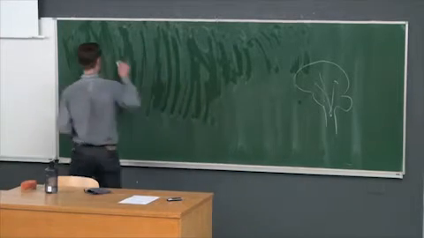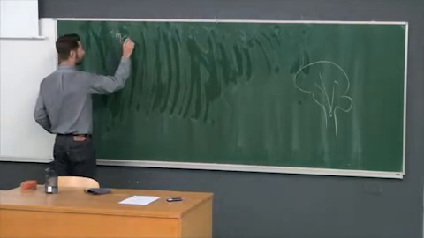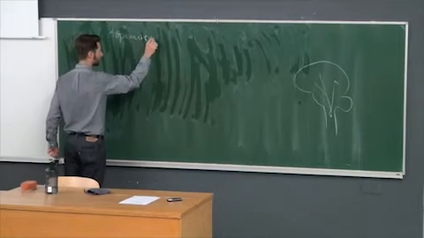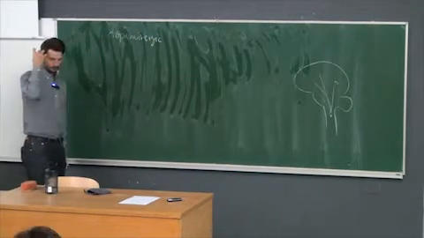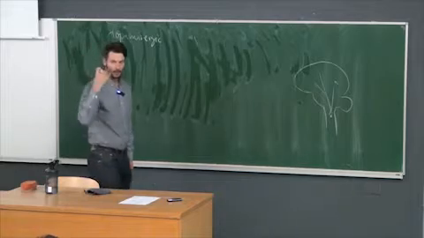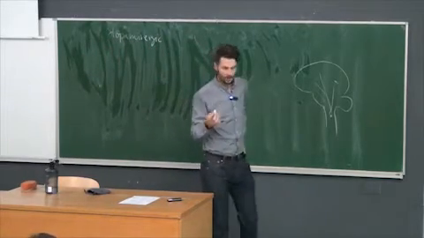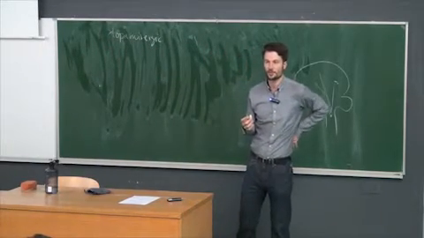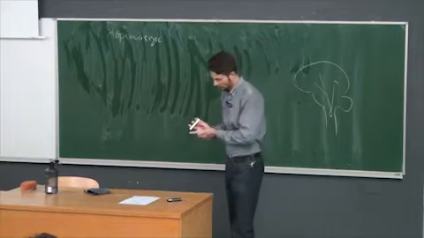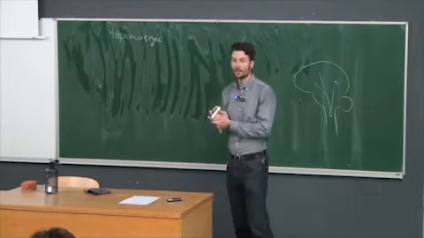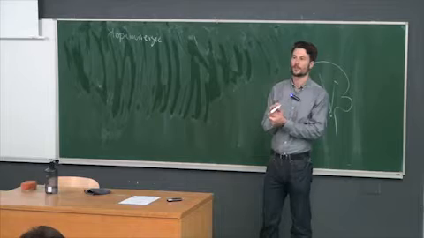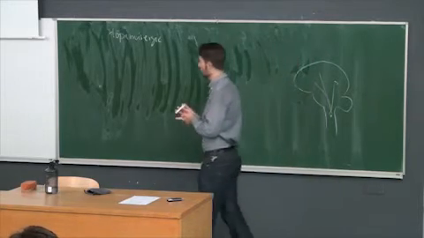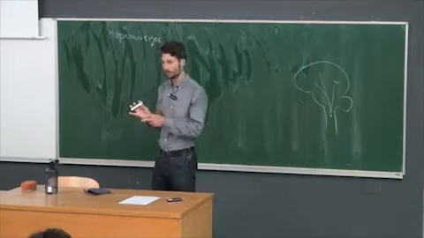Okay, dopaminergic receptors. Similar to adrenergic receptors, there are many subtypes. Currently, there are at least 5 subtypes of dopaminergic receptors, but we'll talk in more detail just about 2 of them.